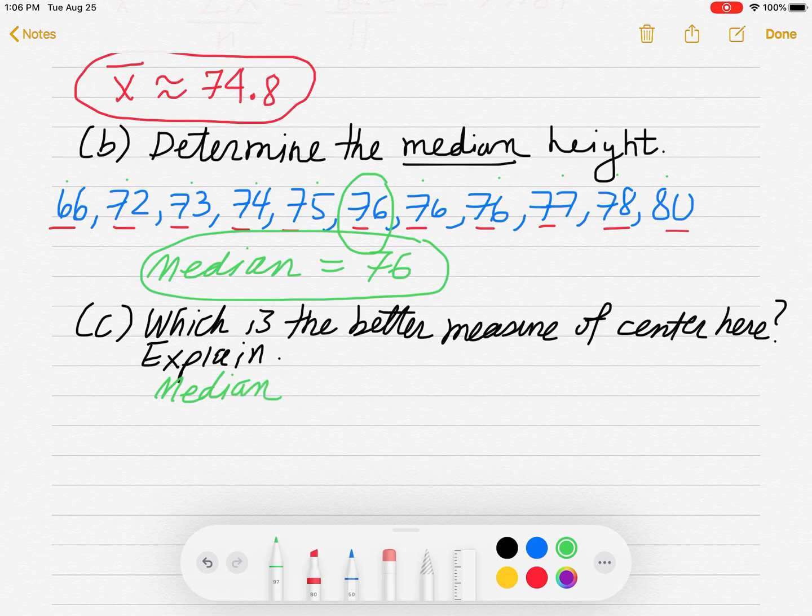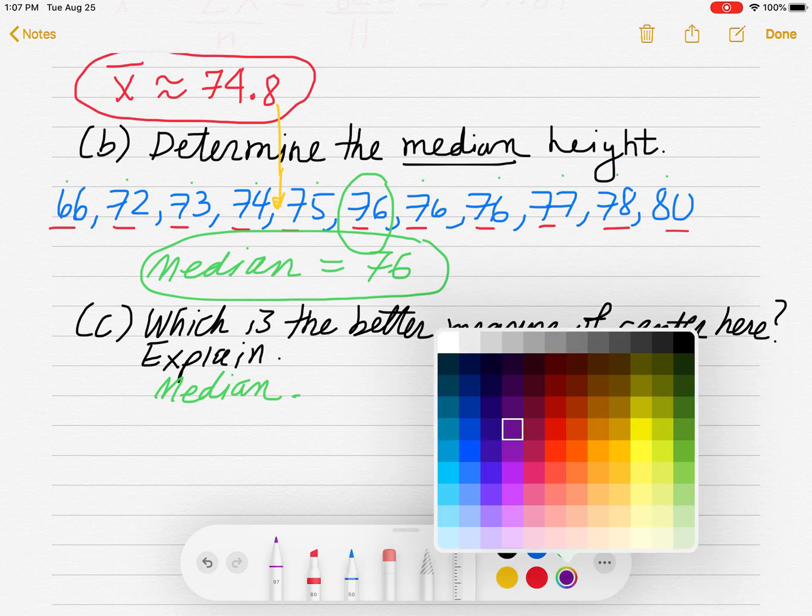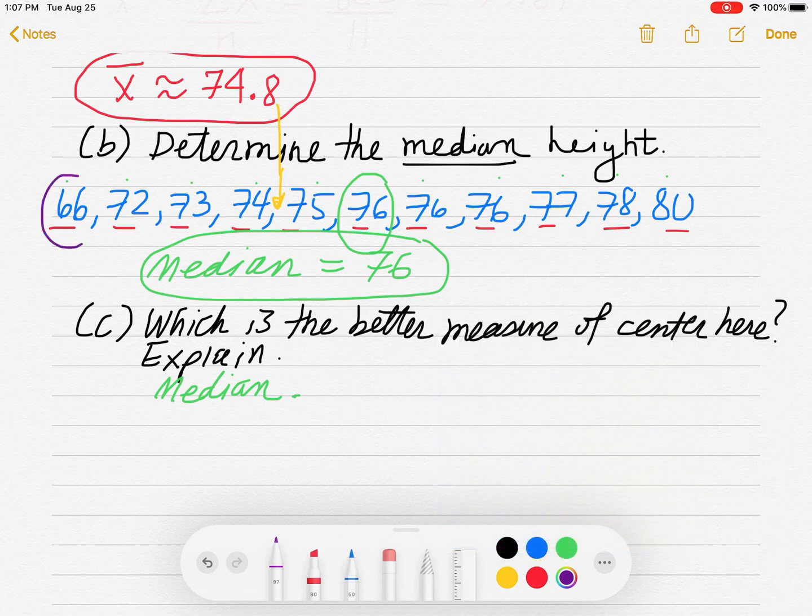What's happening is the mean is being pushed to the left. The mean, approximately 74.8, is somewhere around here. It's being pulled to the left, and that's because this guy on the end called 66 has a very strong effect on the mean.